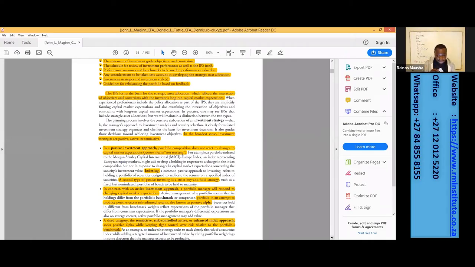So when you look at indexing, for example, if the portfolio manager tries to mimic or create an index portfolio for the all-share index, they are going to try to create a portfolio which is invested in almost the same weights as the investments which are constituting the all-share index. So that their expectation is that the performance of the portfolio is going to be closely mimicking the performance of the all-share index, for example. So this is a typical example of what they refer to as indexing.